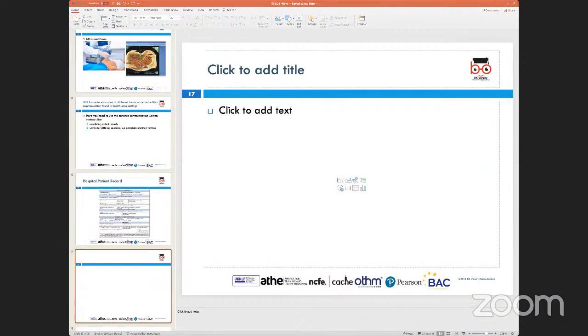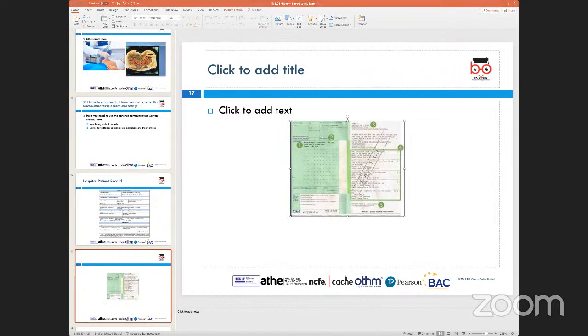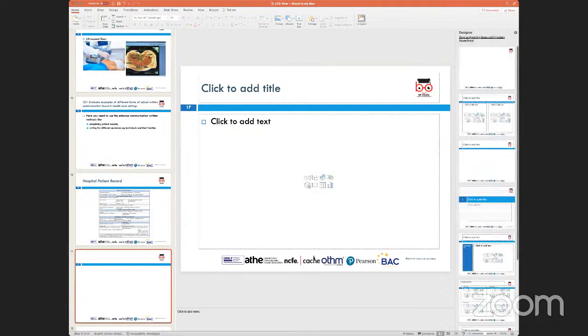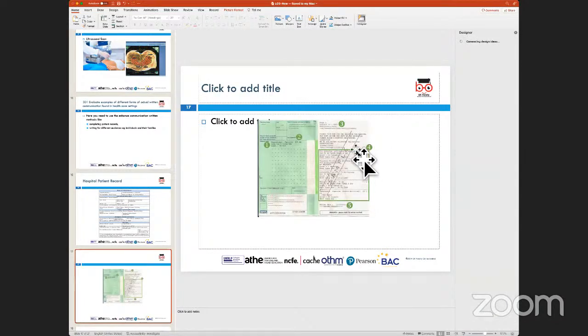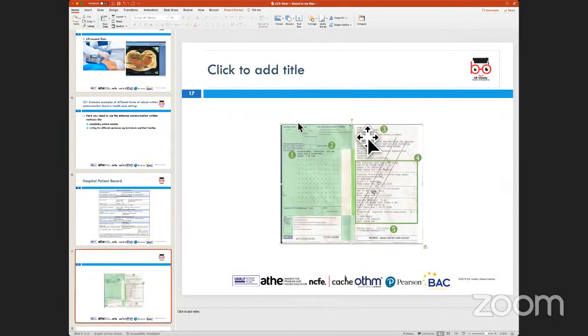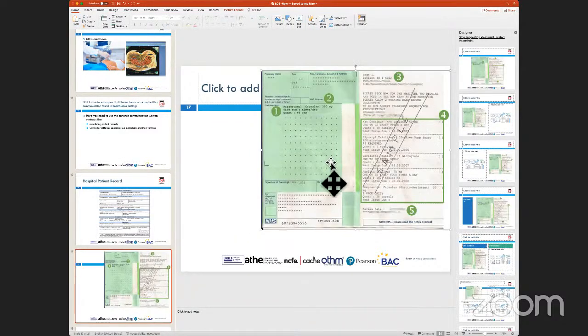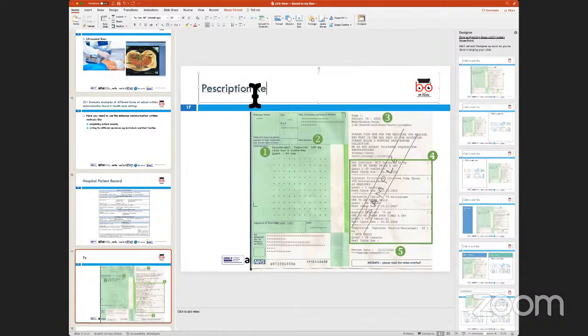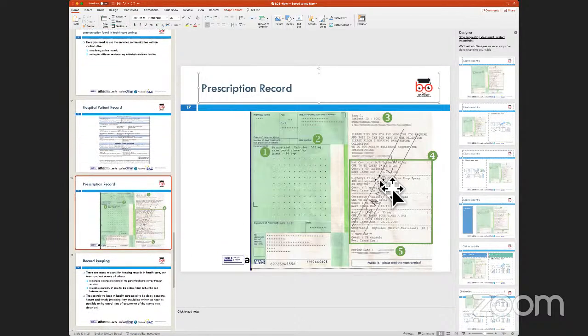So if I also say, for example, a prescription, which is normally given to the patients, and if you have a prescription record that you can bring across, something which probably demonstrates why you need medication, or how you give this to a pharmacy, then what you will generally see is this is again an example that you're taking, and that would be good enough to meet that distinction criteria. So this is a prescription record which is essentially showing the different forms of written communication which is actually done within a health and social care setting.